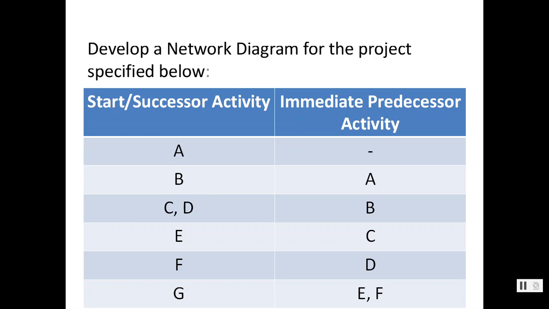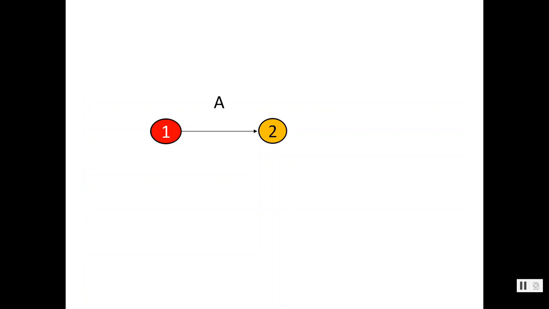On the basis of it, we will construct one diagram. So here A is the starting activity, means A will start, but any activity requires a start and an end event. So events 1 and 2: from event 1 it originates and it ends at 2.